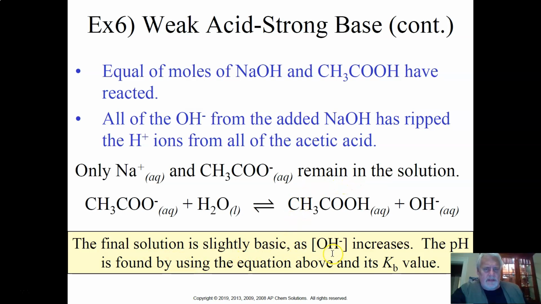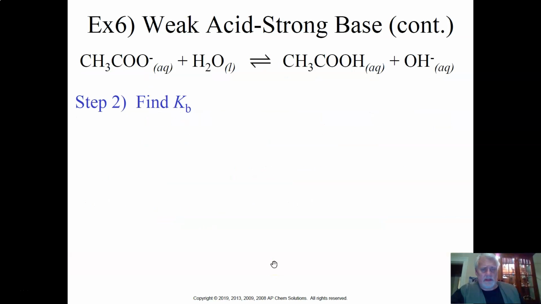So what happens is the final solution is slightly basic as the OH increases. The pH is found by using the above equation right here, knowing that you only have these guys left in the solution, and then you can calculate a Kb for that.